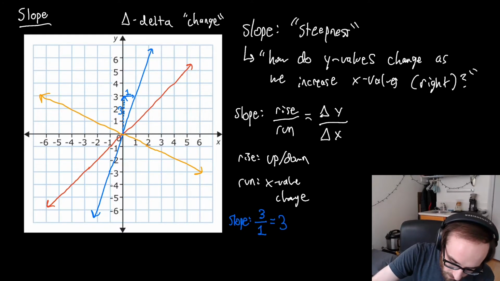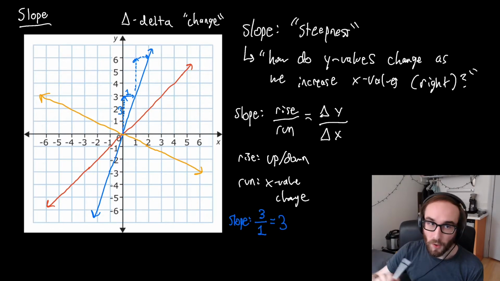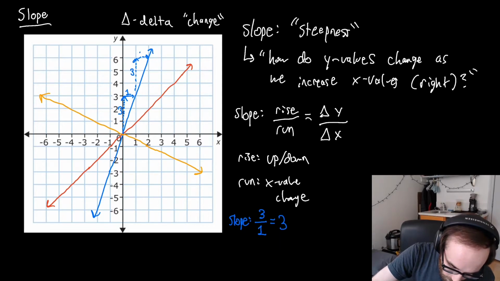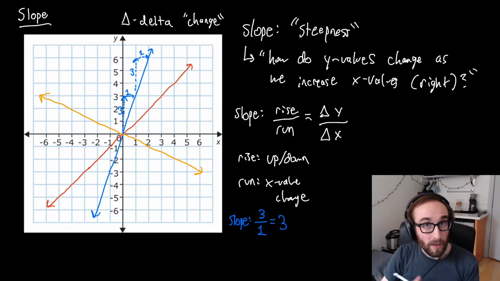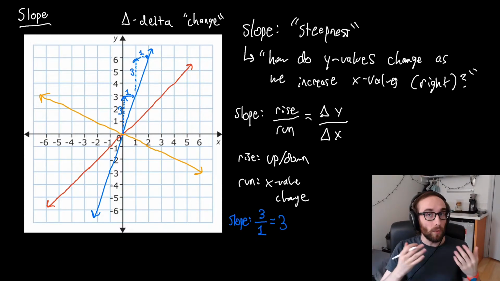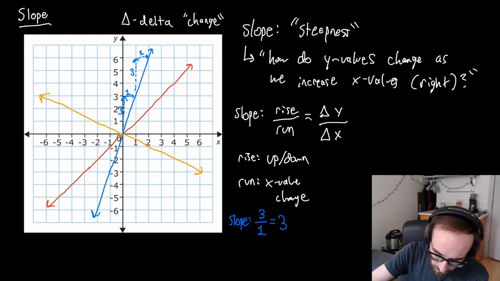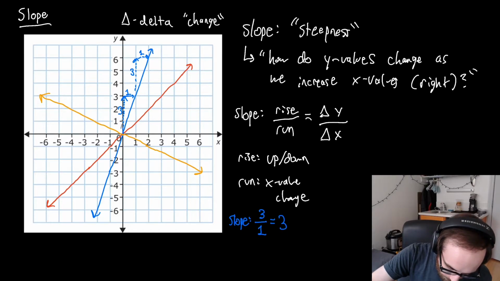And this continues, no matter what points we choose on the line, the slope will be the same. Here we go, up 3 to the right 1. Another thing we could do is we could choose points that are farther apart, and we'll end up with the same slope. So another way to look at this is we can choose to go up 6.